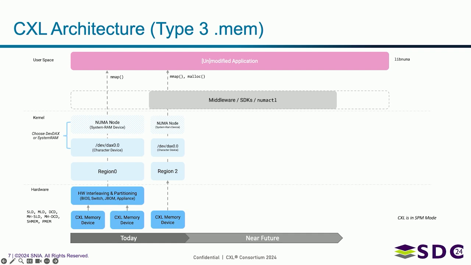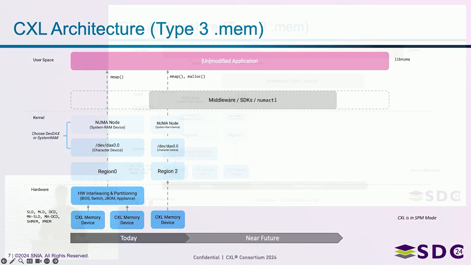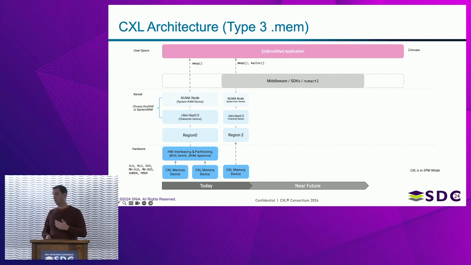So let's look a little bit more now, coming up the stack from the operating system up to the application, right? I've highlighted here some of the ways that we can use memory, either with our unmodified application or by modifying our application. So start off simply. We've just talked about the hardware piece here at the lower level. We've got some CXL devices.